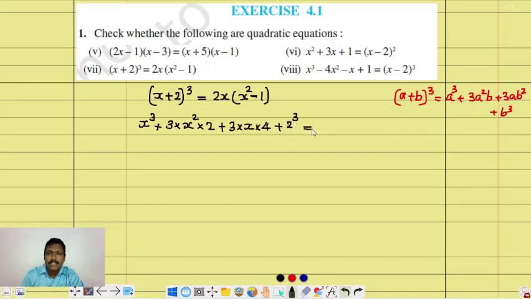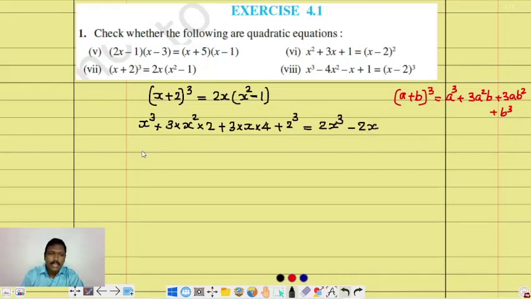That is equal to, here also we have to open the bracket. We will get 2x into x square will be 2x cube, and 2x into minus 1 will be minus 2x.